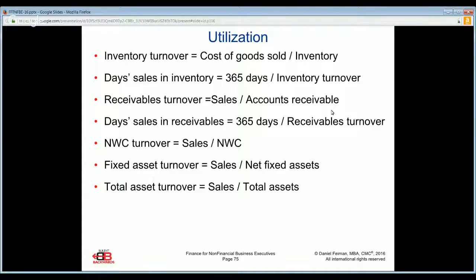We take sales from the income statement, accounts receivable from the balance sheet, divide the result into the number of days in a year, tells us how long it takes us to collect our average receivable. There's always a goal in every organization of how quickly we want to turn over our inventory and how quickly we want to collect our receivables.